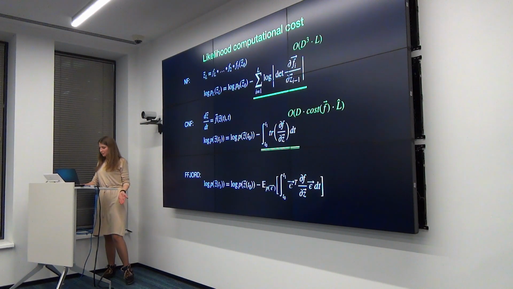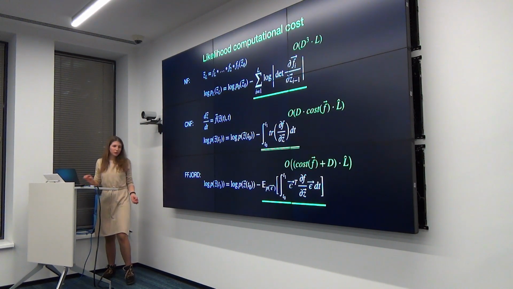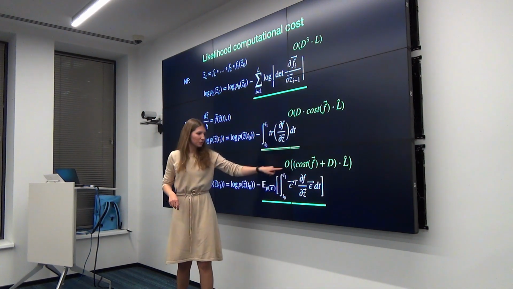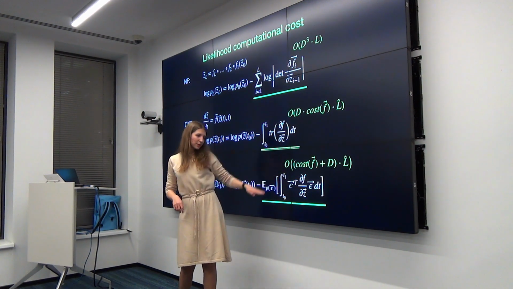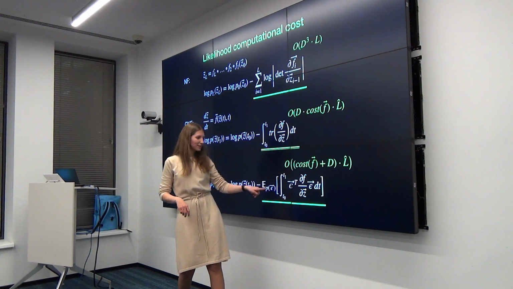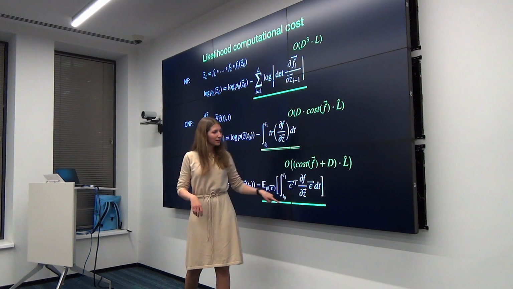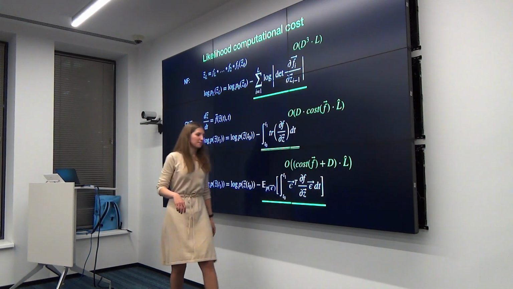And FFJORD, in which we compute this term with the cost of one forward pass. After that we need to multiply it by the vector, which is d, and after that integrate, which is L hat.